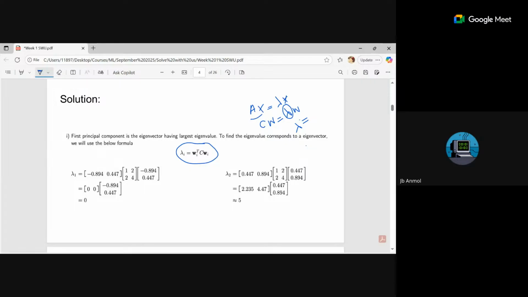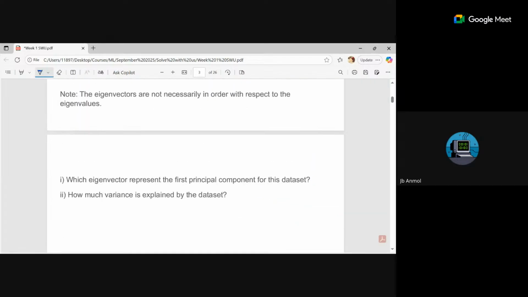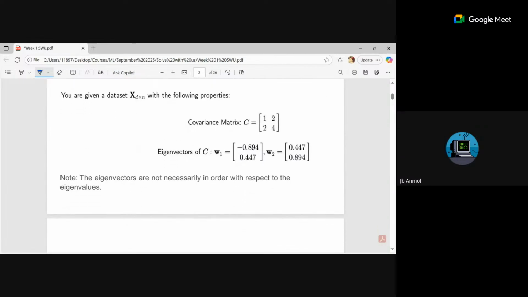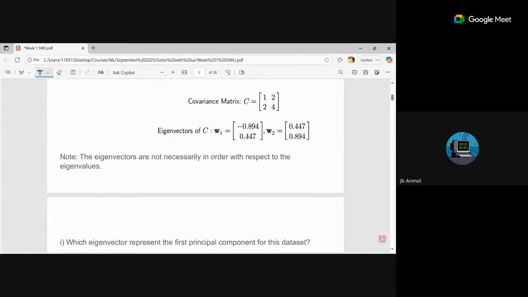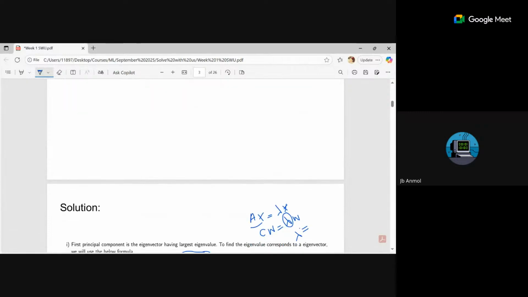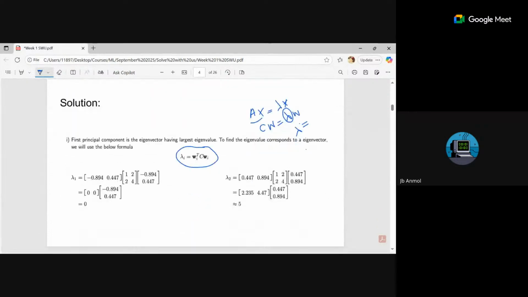The covariance matrix is a sort of transformation, and W1 and W2 are two eigenvectors of that transformation. Lambda gives you the scaling, right? But knowing that doesn't help in solving this problem.